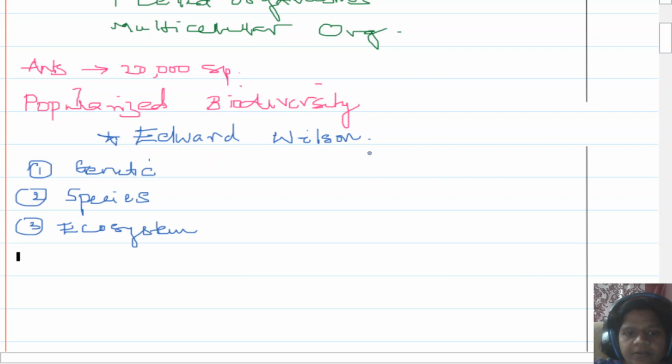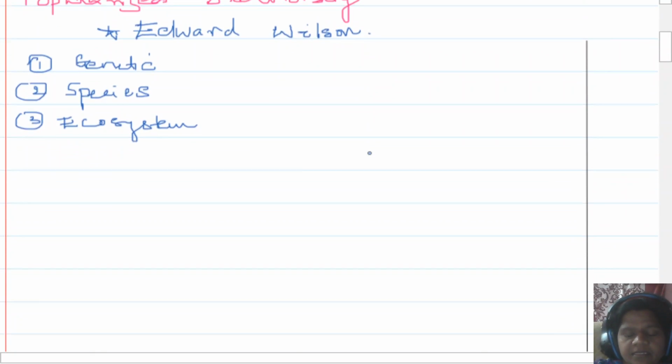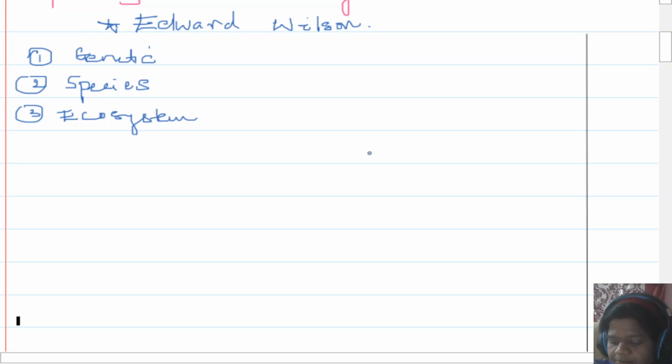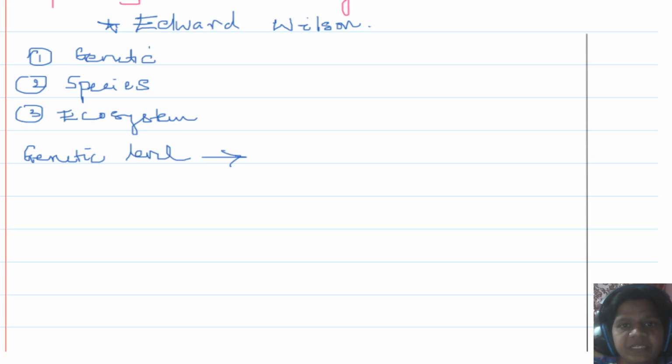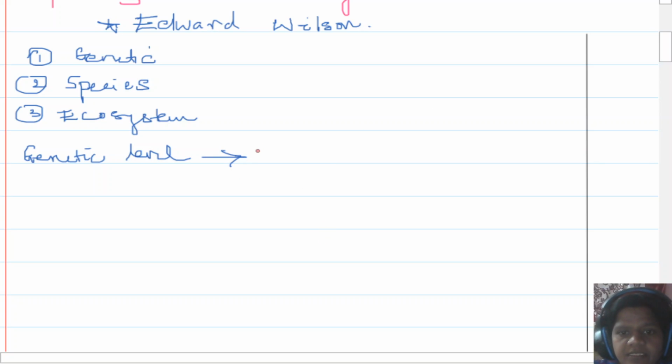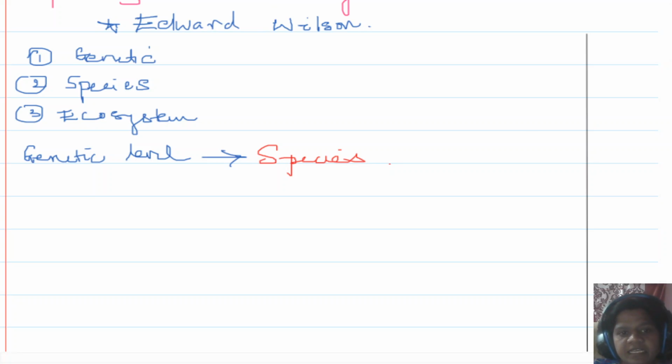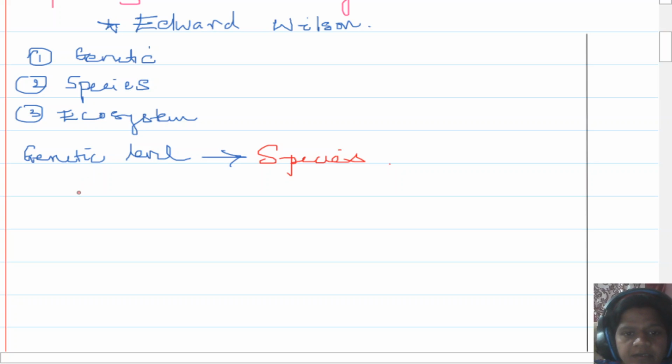Now, if we look at the genetic level, what is this level? The genetic level is within the species. Is within the species. Now the example given is Rauwolfia vomitoria.